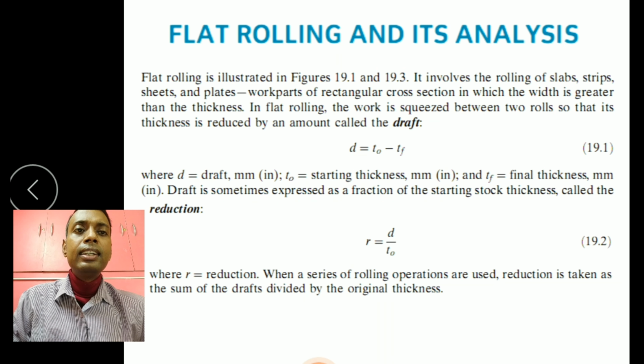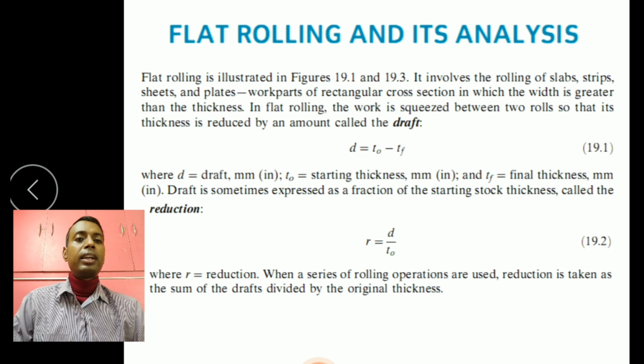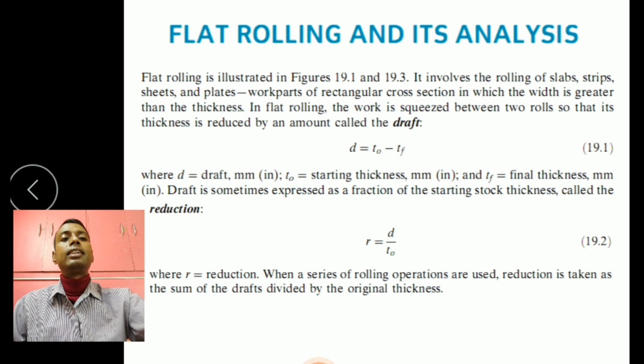So what is d? d equal to T0 minus TF. d means draft, T0 means starting thickness, and TF means final thickness. Draft is sometimes expressed as a fraction of stock thickness, called reduction. So what is our d by T0?